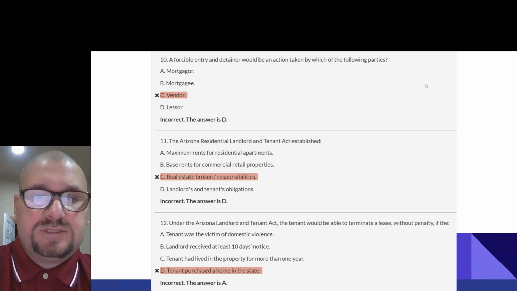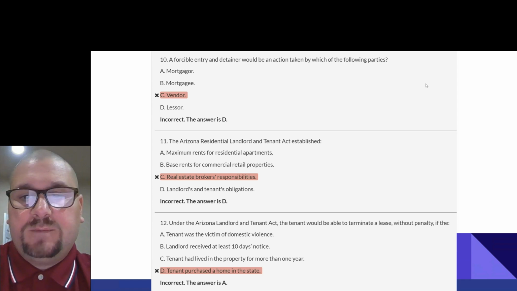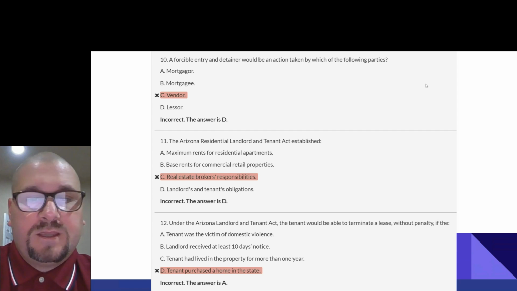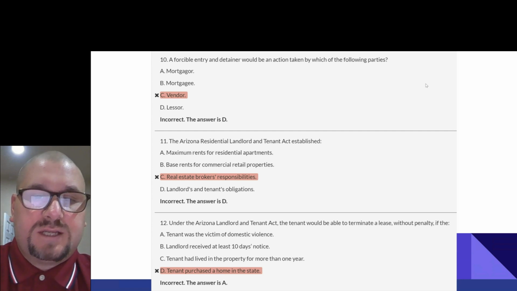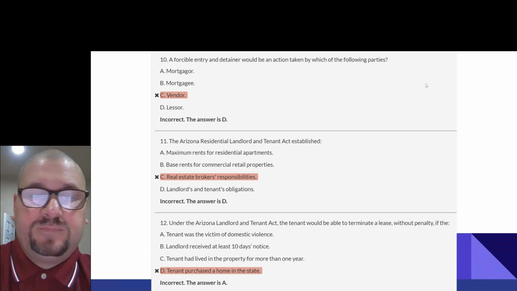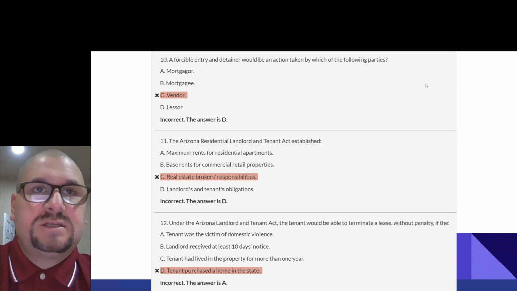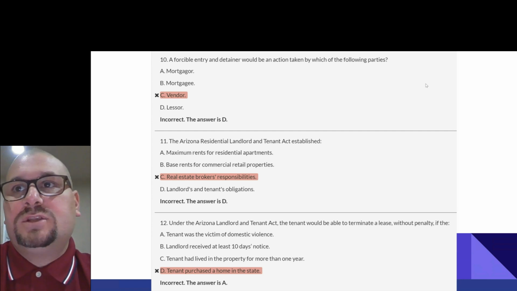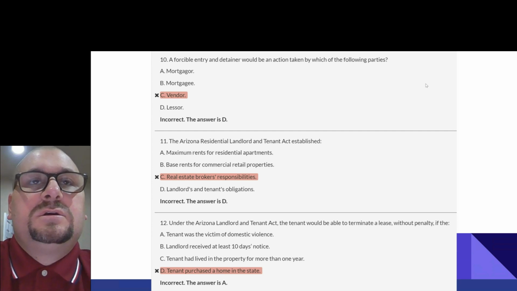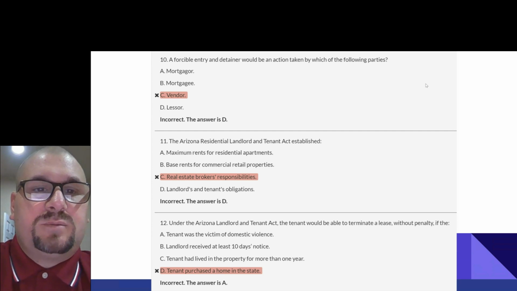Under the Arizona Landlord and Tenant Act, the tenant would be able to terminate a lease without penalty if the tenant was the victim of domestic violence. So again, you can always terminate a lease if you have a relationship with a domestic partner.